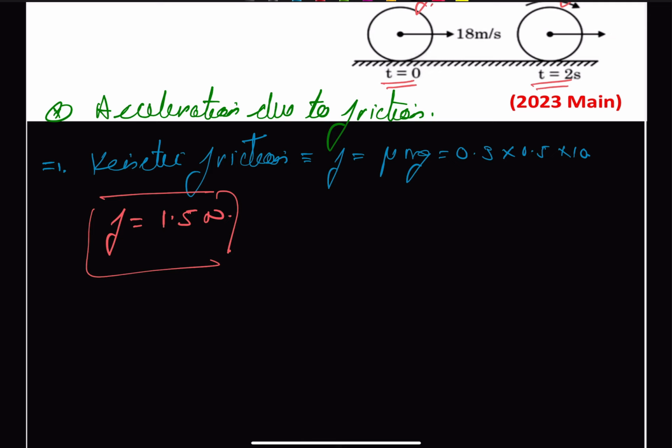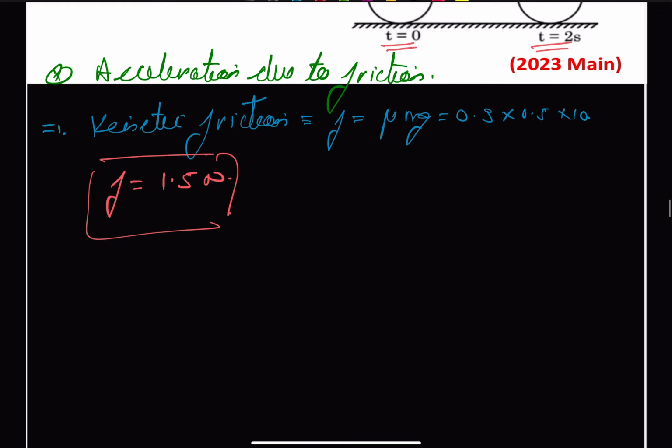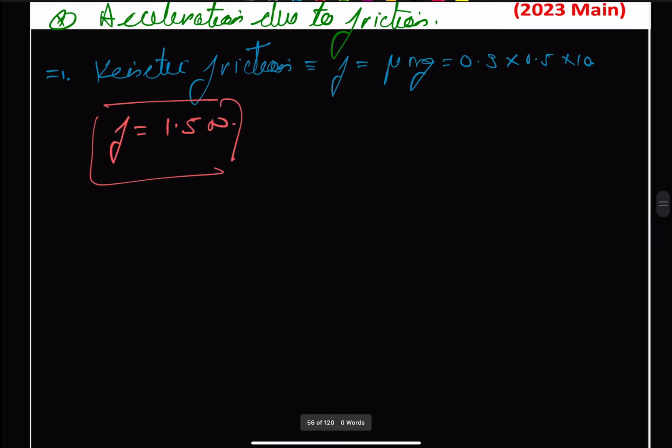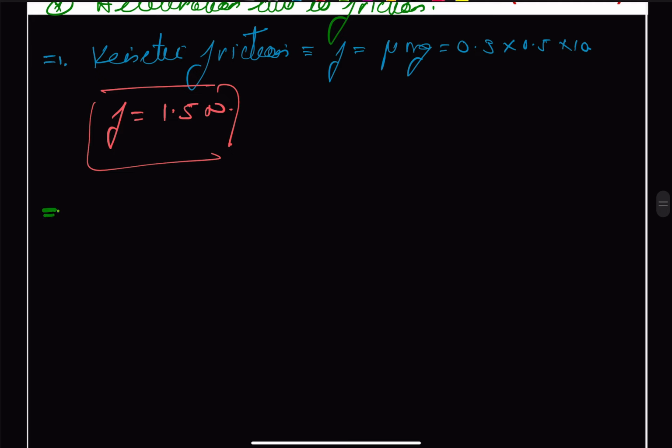And we can easily find out now linear acceleration of the center of mass. Linear acceleration of center of mass, which is our A, will be equal to F upon m.